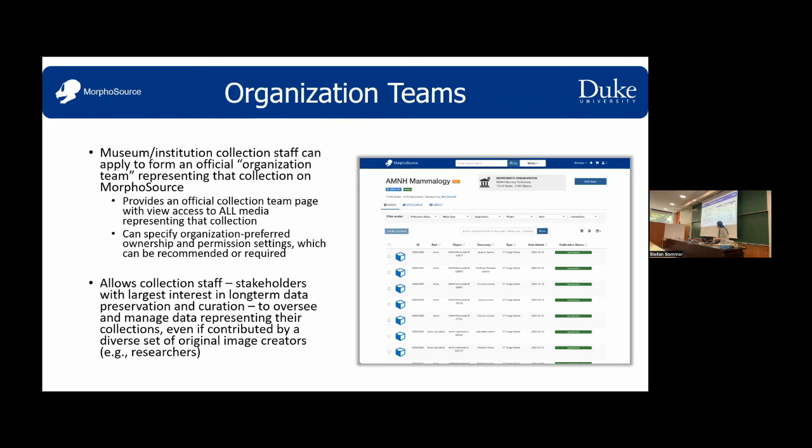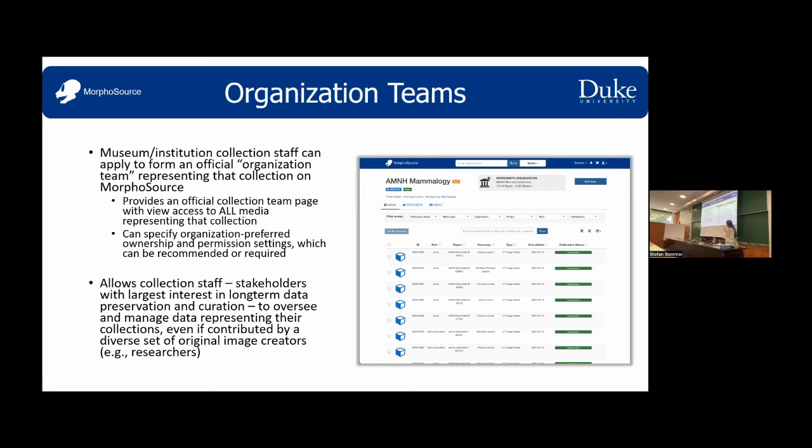The second use case is for museums. Of the many stakeholders involved in digital representations of specimens, we feel the museum collection staff are the ones that have the longest-term institutional incentive. They're the ones caring about this stuff for decades, for centuries.